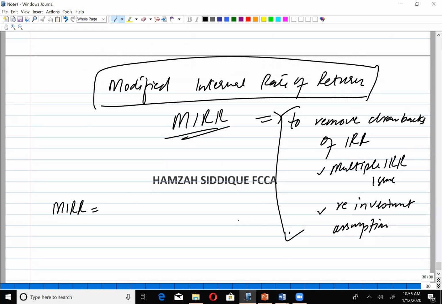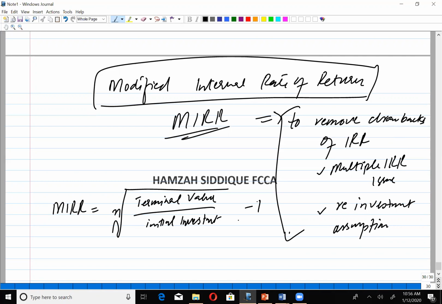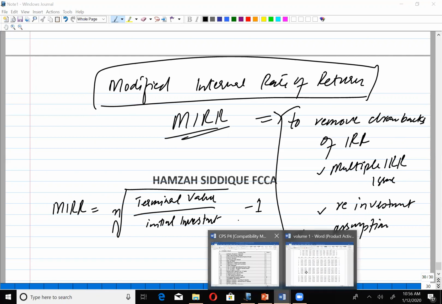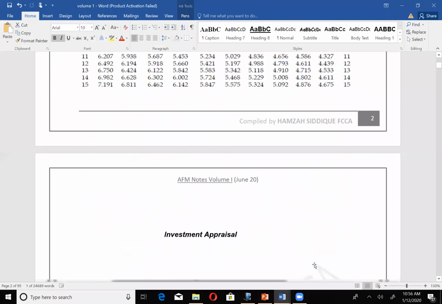That is terminal value and next is initial investment, nth root minus 1.